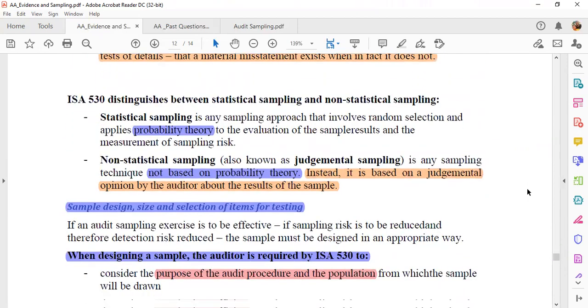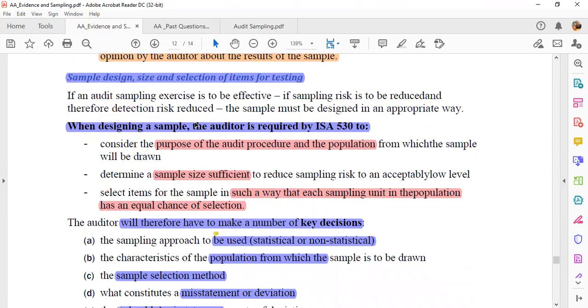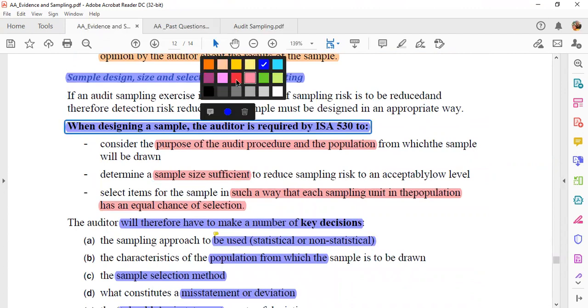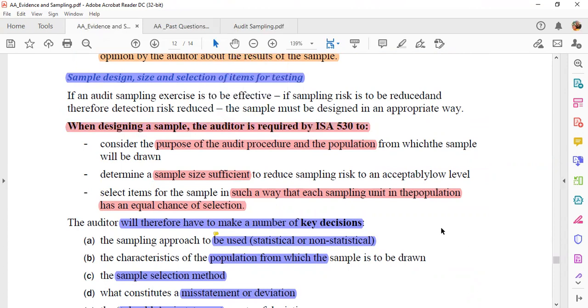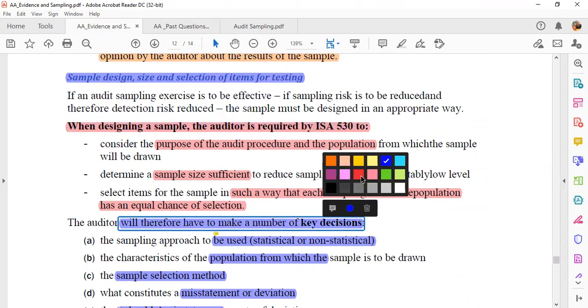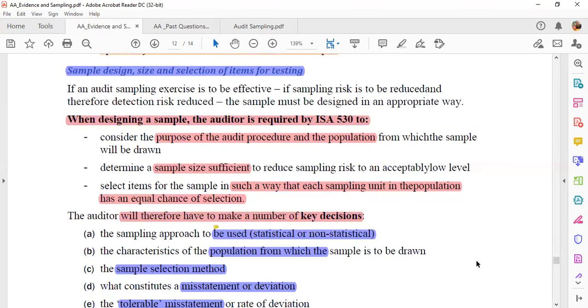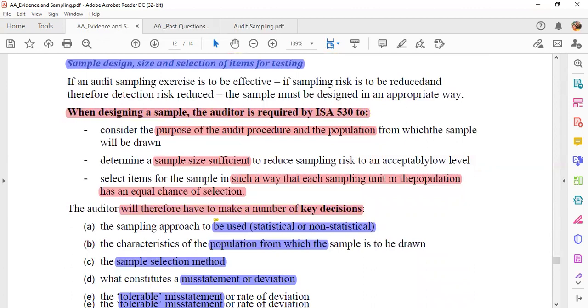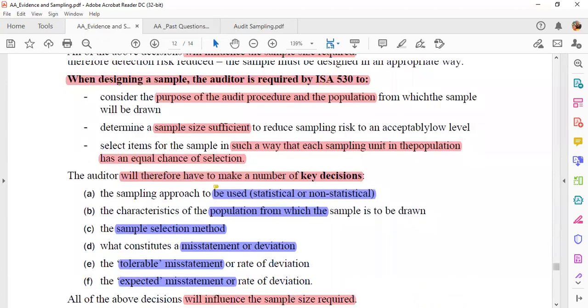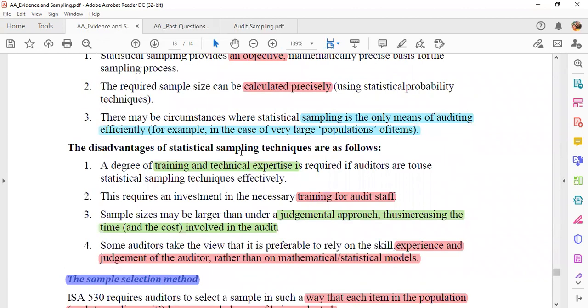Statistical and non-statistical sampling. Don't forget them, they are very important, please. Read this particular aspect very well. Don't forget the advantages and the disadvantages here, they are unforgettable.